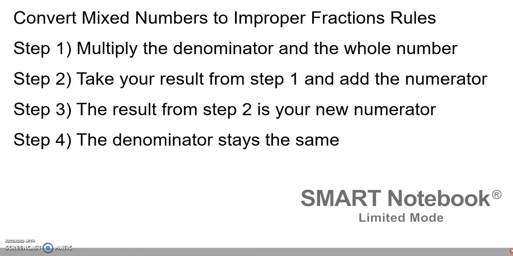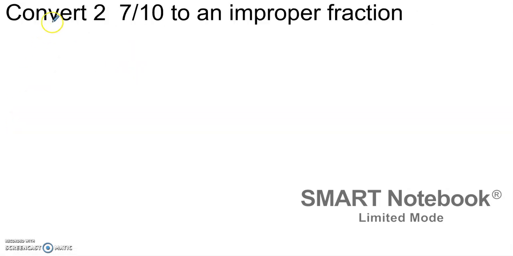Now that we have this in our notebooks, we can actually apply it, because I know it's a little confusing while we're looking at steps 1, 2, 3, and 4. So here's our first example: convert 2 7/10 to an improper fraction. For easier reading, I'm going to rewrite this the way that we normally see our fractions so that we can get a better understanding of it.